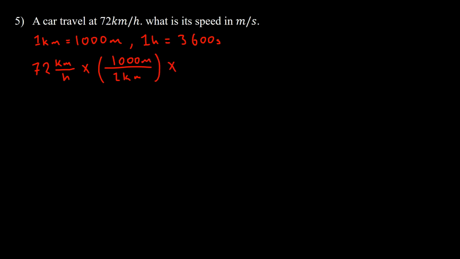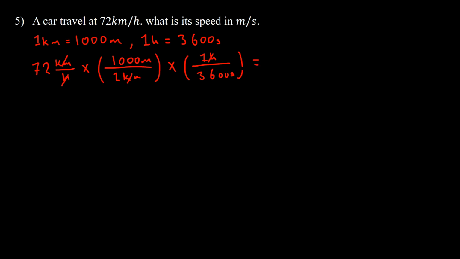And then the next step, we want the hour to cancel out, so we can put the hour on top and then the seconds down there. Now we can do the cancelling. A kilometer and a kilometer can cancel out. An hour and an hour can also cancel out. And the only units that will remain are the meter and the second.